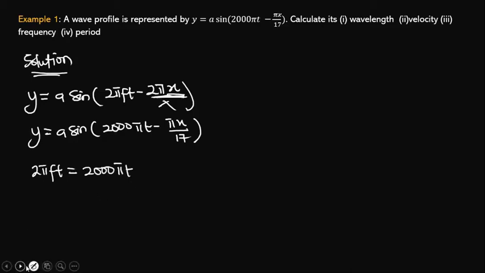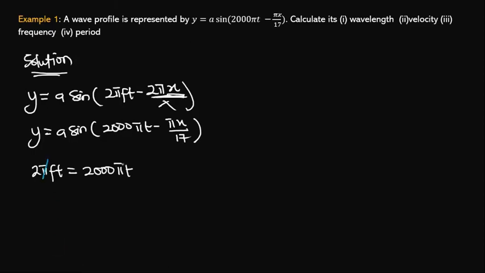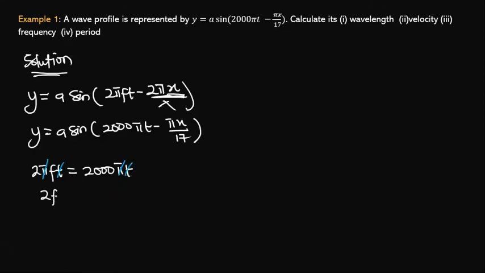From here we can cancel out the pi and the time. So we have 2 multiplied by the frequency is equal to 2000. We divide both sides by 2, and we get our frequency to be 1000 hertz.